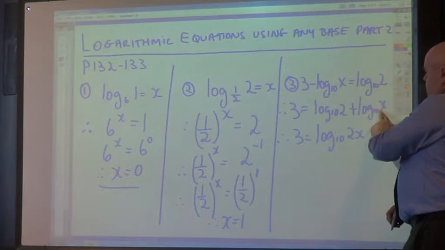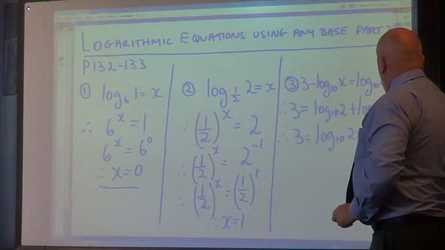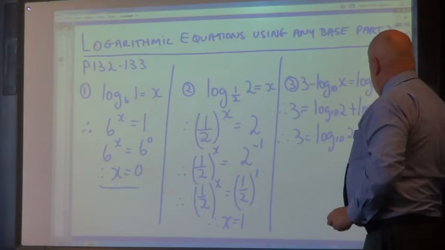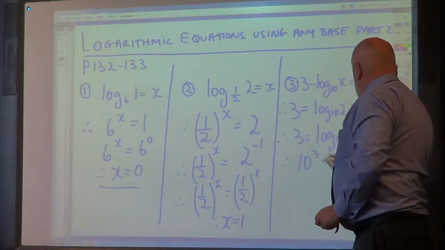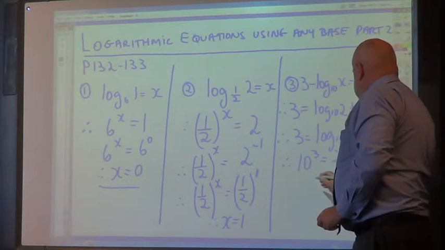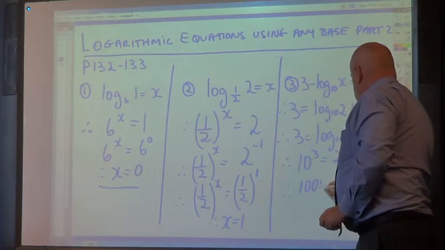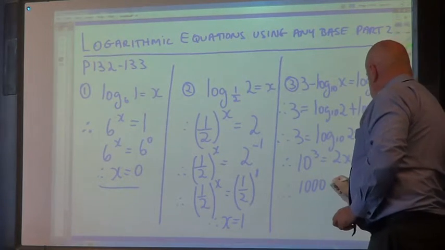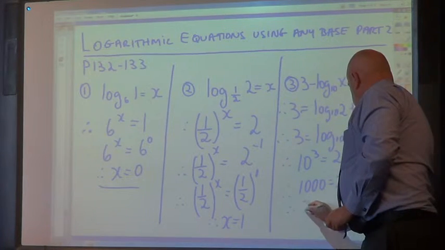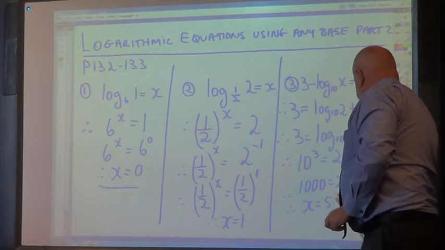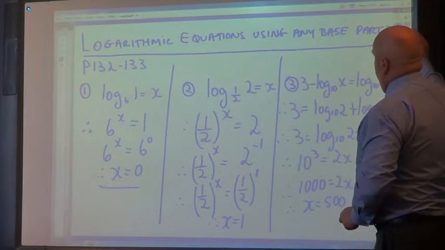We multiply those to get to there. Okay, so now what? So we're going to say 10 to the power of 3 equals 2x. Therefore, 1,000, because 10 cubed is 1,000, equals 2x, and therefore x will equal 500. Okay, so that's that sort.